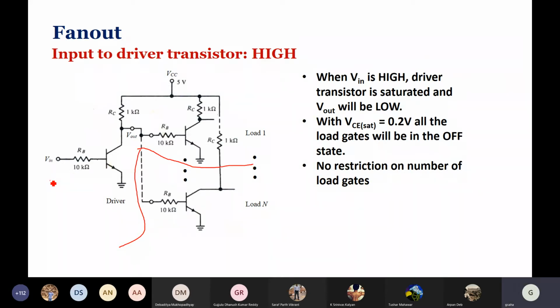So input is either low or high, voltage is close to 0 volt or close to 5 volt. When it is close to 0 volt, what happens at that time? In this slide, it is when the input is high, and when the input is low it is in the next slide. So we begin with input is high.